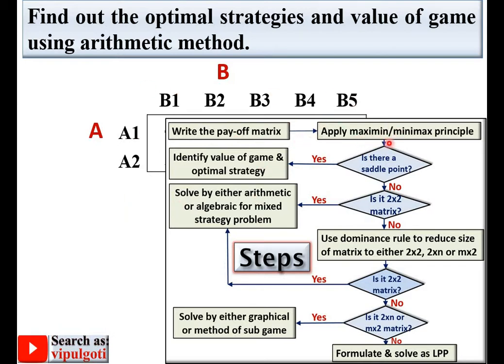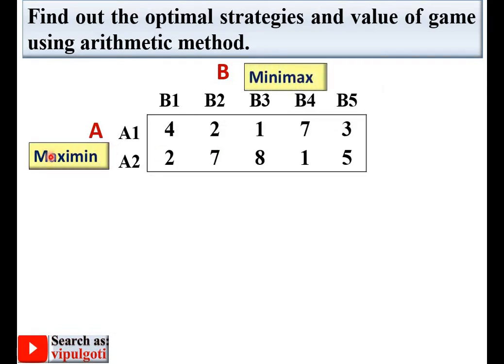Next, apply the maximin and minimax principle. Now I am going to apply the maximin and minimax principle to this payoff matrix. You know that the maximin principle is always for player A and minimax is always for player B. Maximin means the maximum value out of all minimum values.